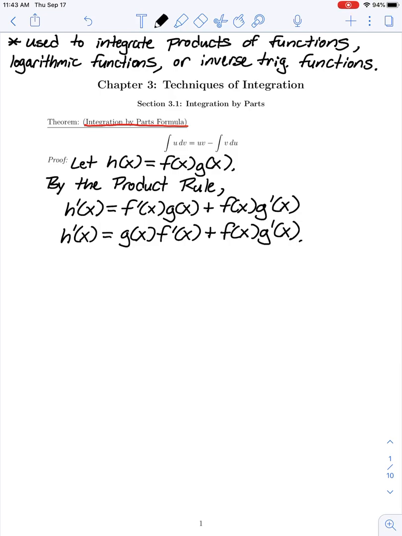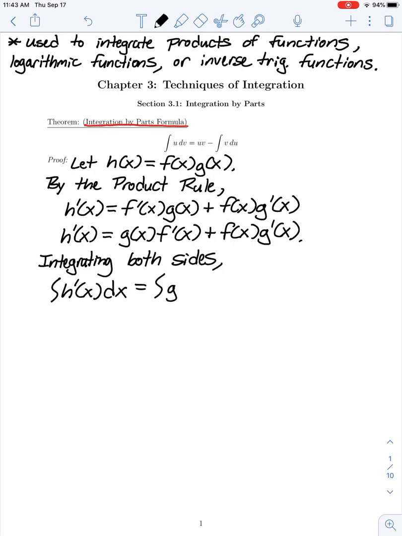Now, if I integrate both sides of this expression, on the left-hand side I would have the integral of h prime of x, integrating with respect to x, and that would be equal to the integral of g of x f prime of x dx plus the integral of f of x g prime of x dx.